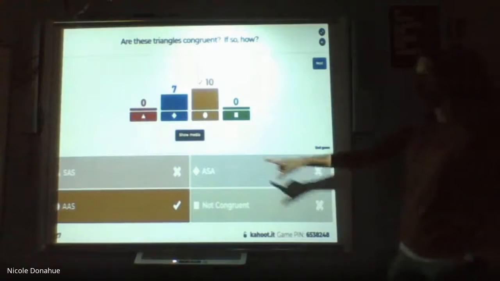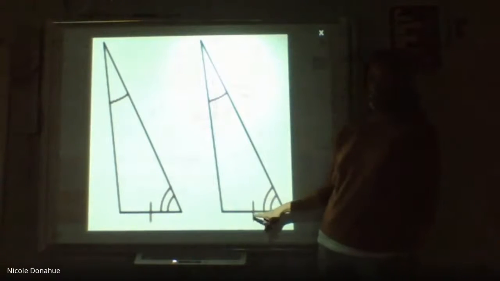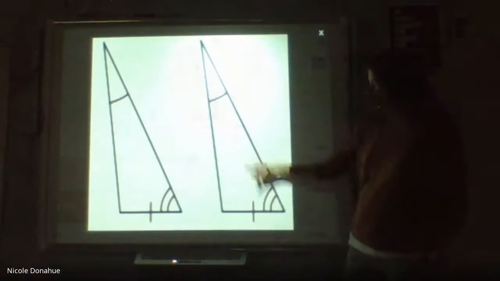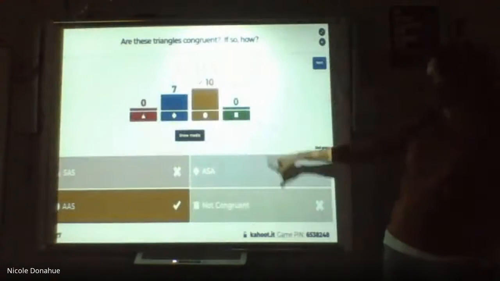All right, so again, in this case, the two angles, but the side is not the included side. So it's angle, side. It'd have to be the side between them to be angle, side, angle.